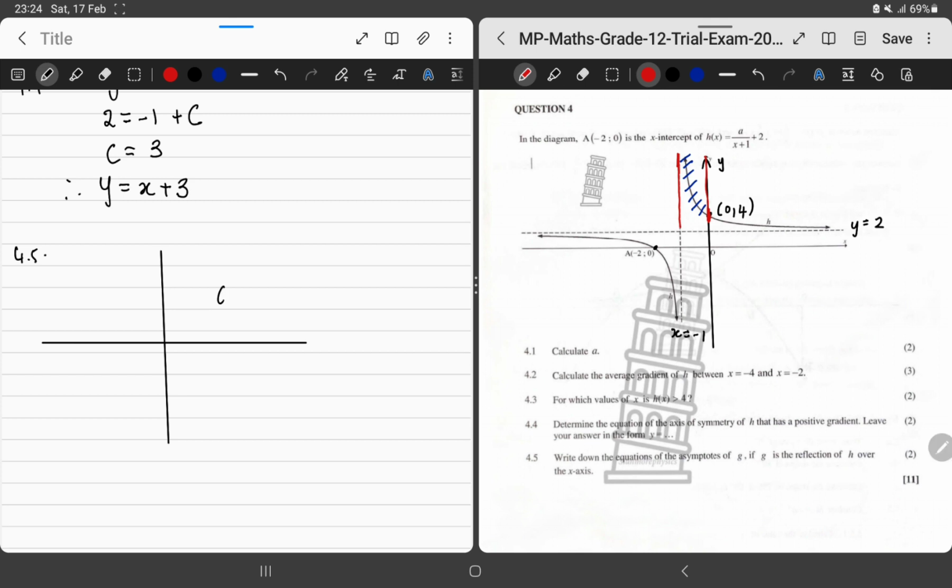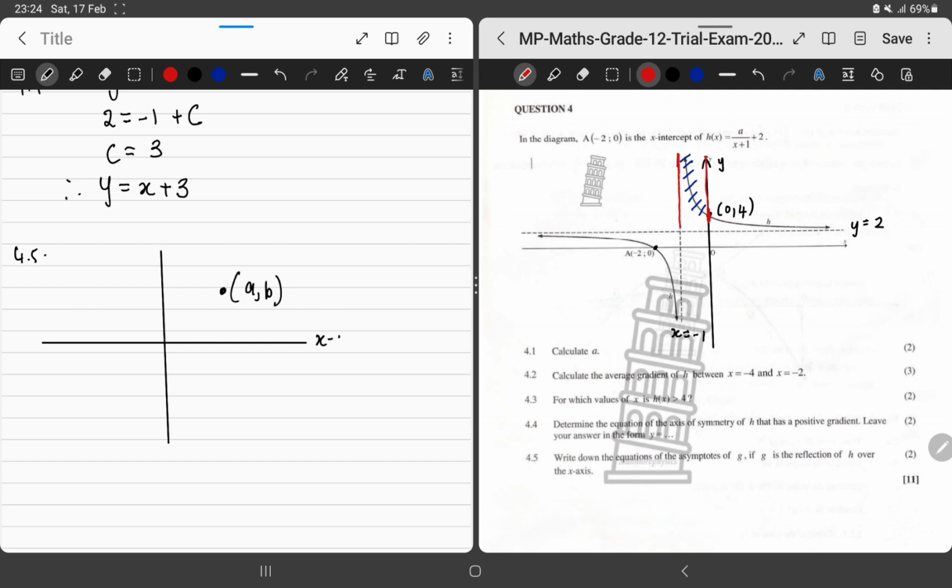Let's just say I have a point there. The coordinates are (a; b). In the first quadrant, my x is going to be positive, and my y is also going to be positive. Now, they say the reflection of h over the x-axis.